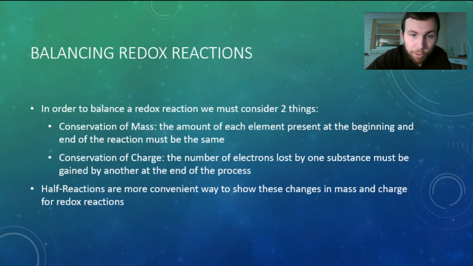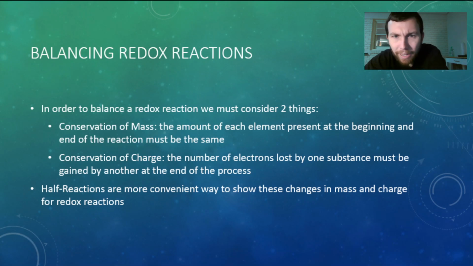If you started off with 2 hydrogens, you better end with 2 hydrogens, right? But now we have to consider what's going to happen with the charge, because we're looking at the movement of electrons, so charges are changing. So we have to obey the law of conservation of charge, and that means the number of electrons lost by one substance has to be gained by another at the end of this particular process.